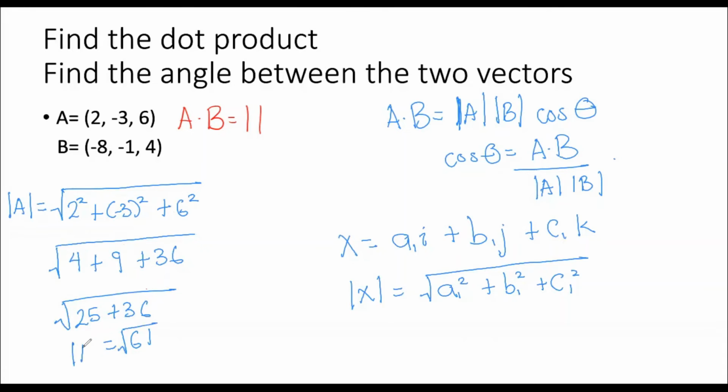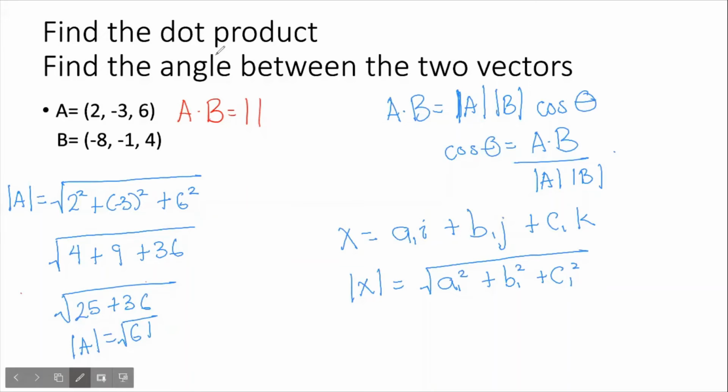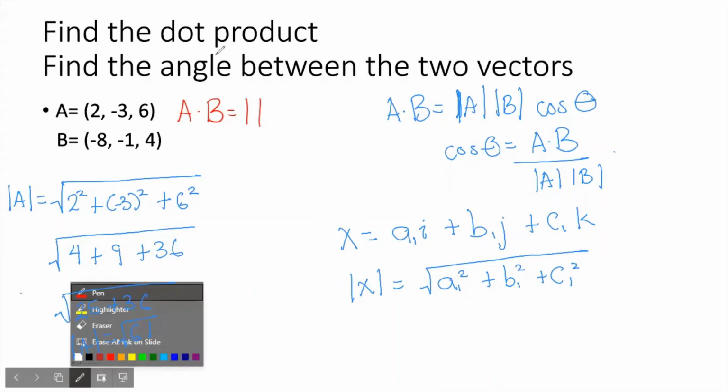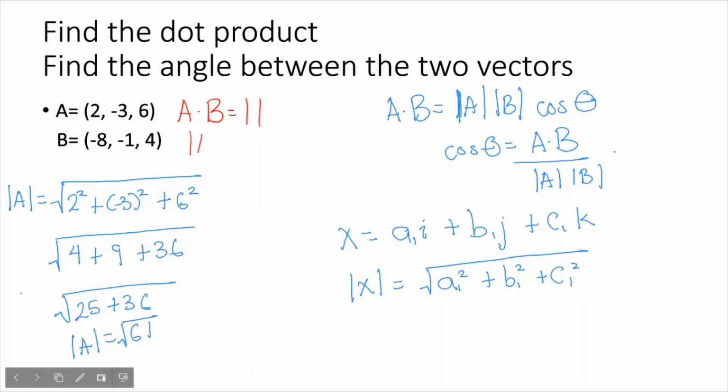So the value of the magnitude of a is root 61. I'm just going to put it here again. So we have the magnitude of a equals root 61.